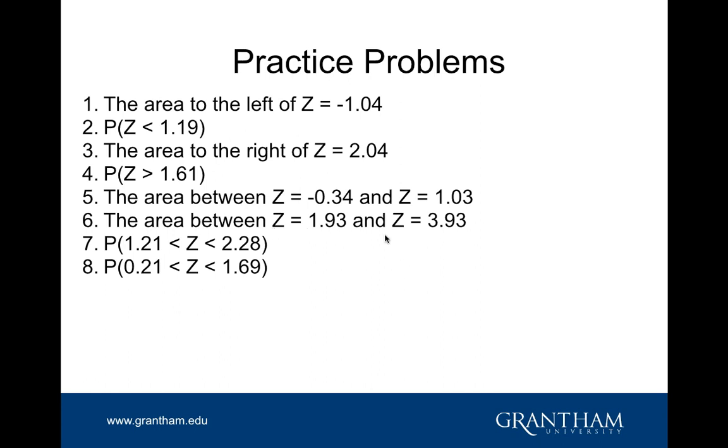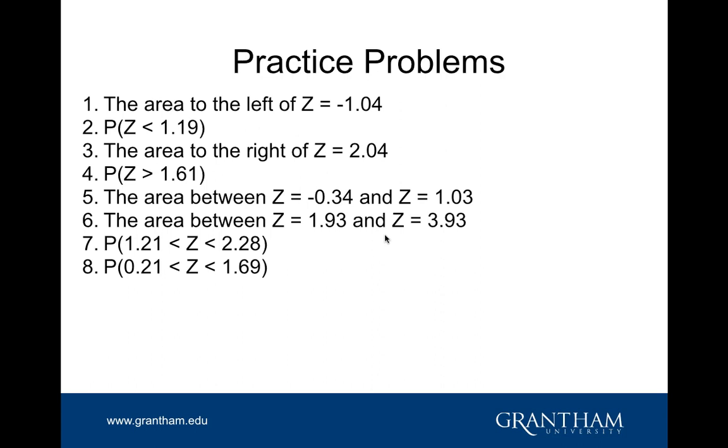So we're asked to find for problem 5 the area between negative 0.34 and 1.03. So on the graph, on the x-axis, there's one negative number, 0.34. Then we go along the graph, continue until we get to 1.03. We draw little tick marks at those points.